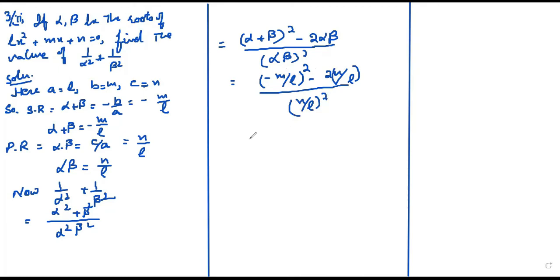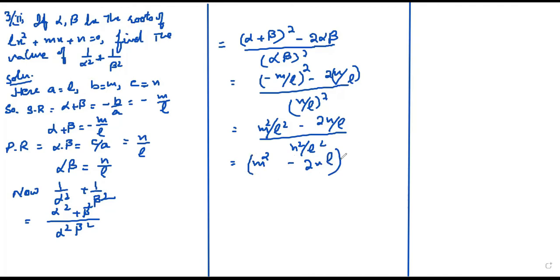Right, so in the numerator we have M square over L square minus 2N over L, divided by N square over L square. So the numerator we have M square minus 2NL divided by L square, and the denominator is N square over L square.